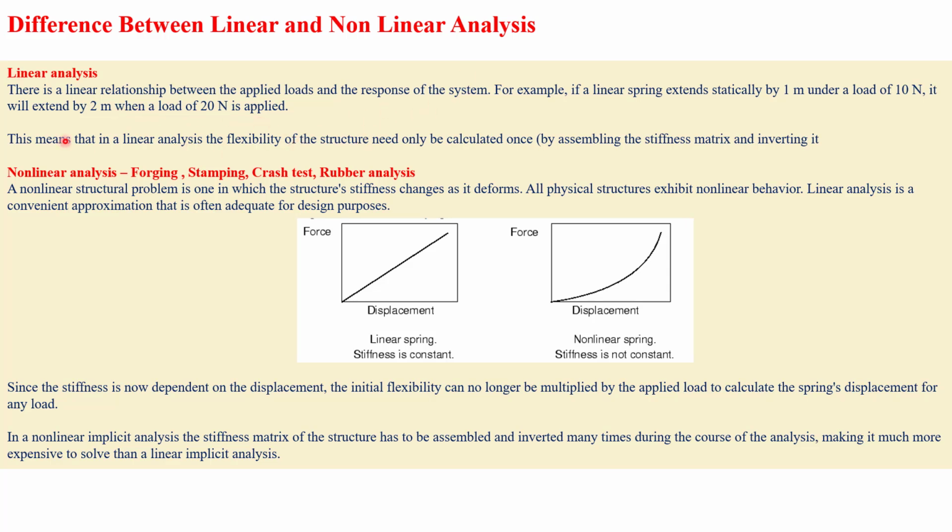This means that in linear analysis, the flexibility of the structure needs to be calculated only once. Let's say we calculate the stiffness matrix only once and we invert it. Remember that, very important. So for that we need only one cross-sectional area, and the stiffness doesn't change there.